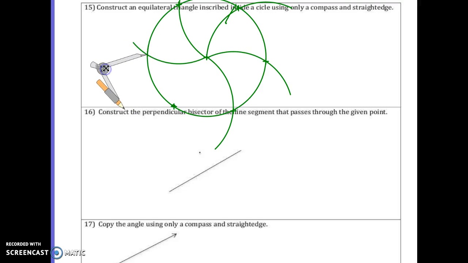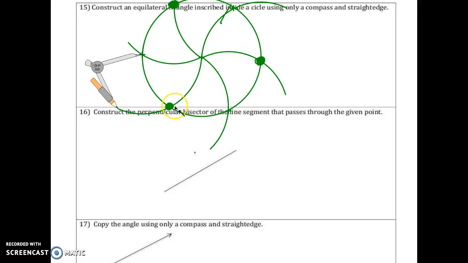Point, pencil in the center, and swing it through, and it should cross exactly where we started. So if I connect each of the 6 points on the outside, I would have a regular hexagon. If I connect every other one, I end up with a triangle that is equilateral.